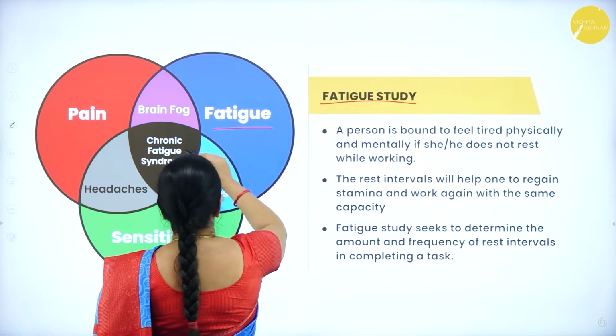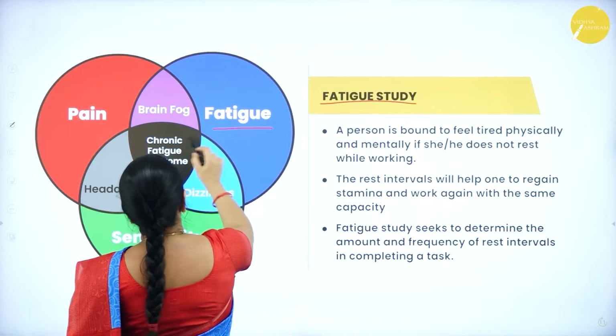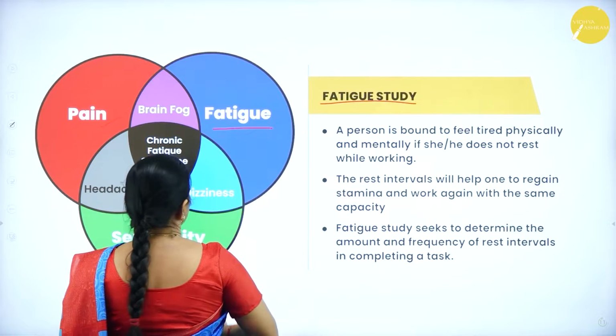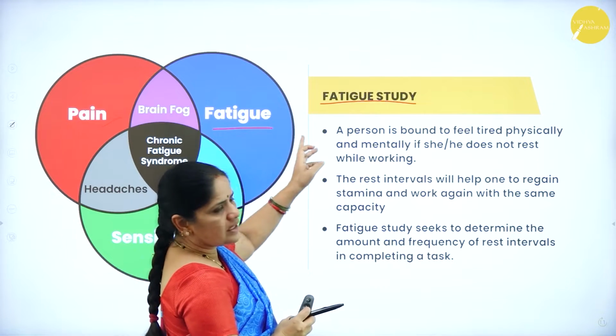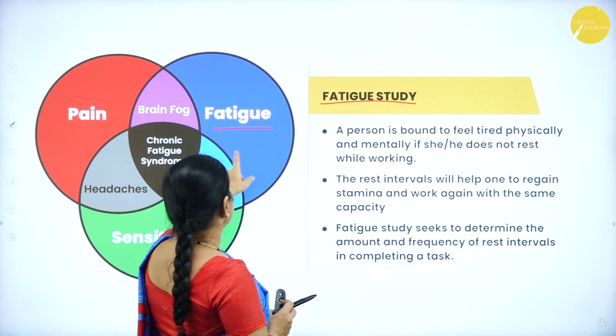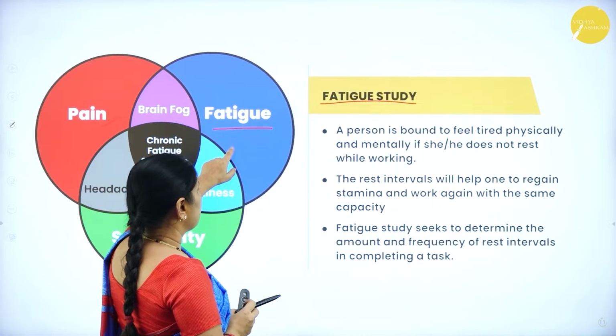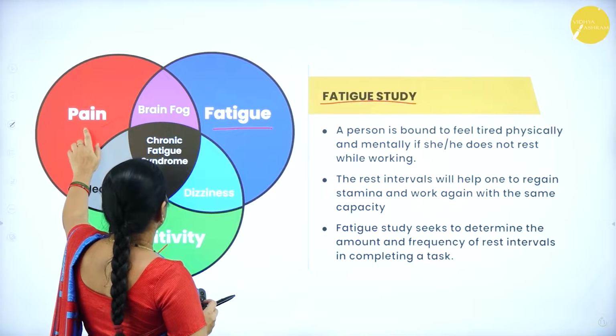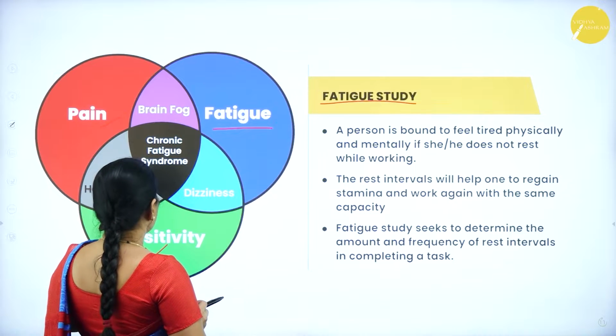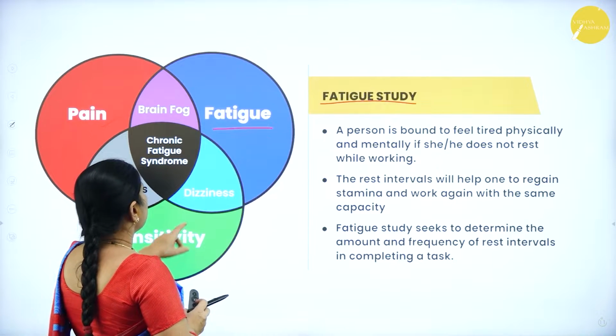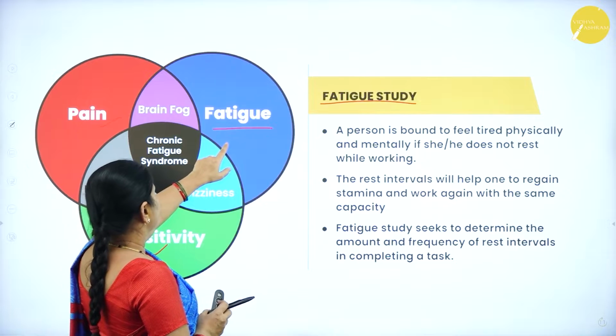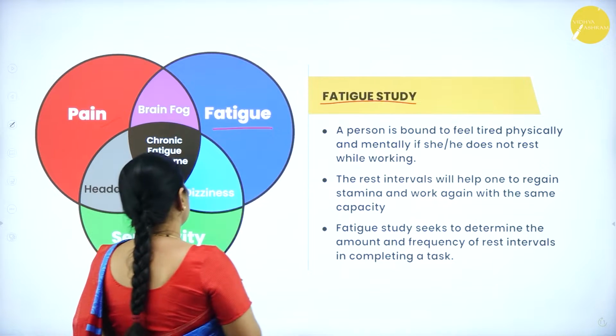Now, we have this drawing here. This is fatigue, pain and sensitivity. So, fatigue means the tiredness the worker feels because of the work he is doing. Because of that his body parts will be paining and he will be sensitive. So in this fatigue, what will he experience?